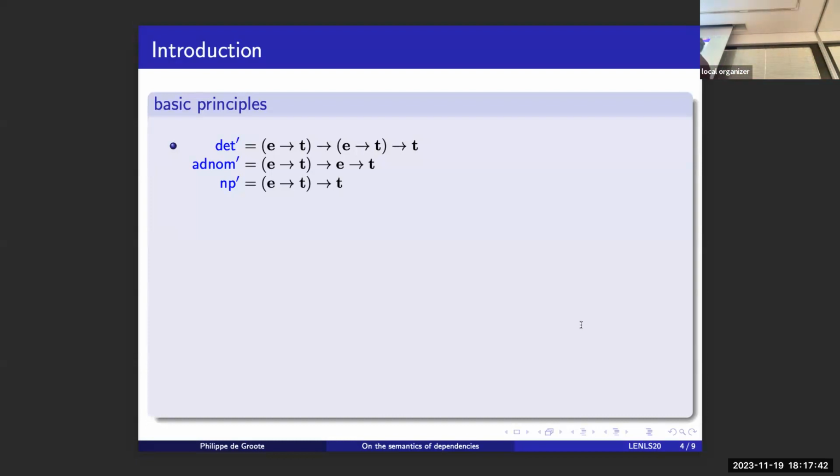In Montague semantics, there are different types. So E is the type of entities, and t is the type of truth values.